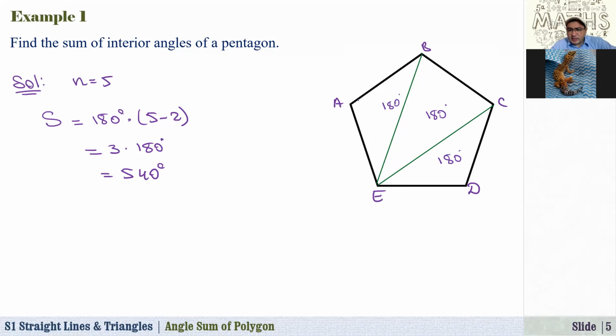So we are just adding these angles, which together are all the interior angles of this polygon. I mean, there are 3 triangles, right? 3 times 180 degrees is 540, which gives us the sum of the interior angles of this pentagon.